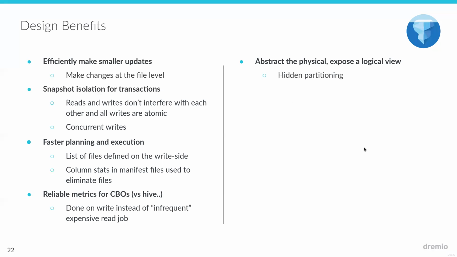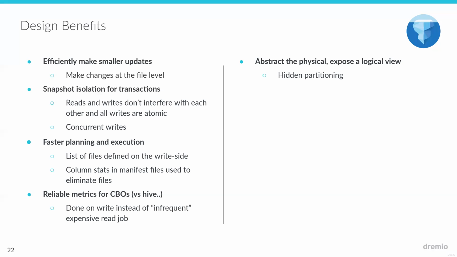And that's going to allow things like hidden partitioning, because the partitioning isn't purely based on how the files are organized. It's based on the relationship between a possible transform and the column. So I can say, this is a timestamp column that I'm partitioning by, but I'm doing a day transform or a month transform.